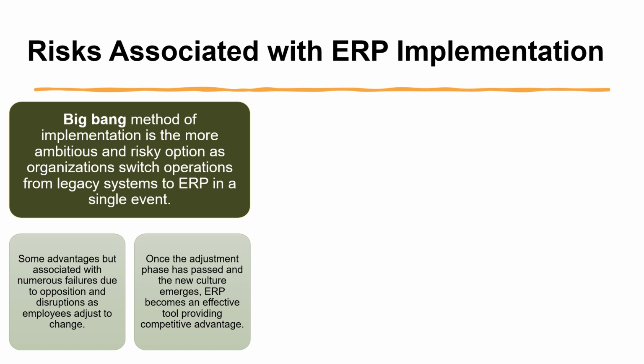So once the adjustment phase has passed and the new culture has emerged, the ARB system becomes an effective tool providing competitive advantages. Okay, so that is good. It is risky, but it will bring competitive advantages when we use ARB systems, when we adjust and embrace this culture.